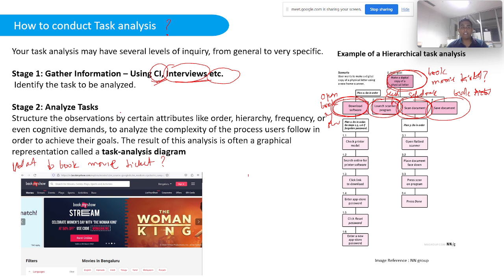Next, we analyze these tasks in great detail, and we break down these individual tasks into subtasks. So subtask means now you are trying to break down the task into great detail. For example, opening the BookMyShow.